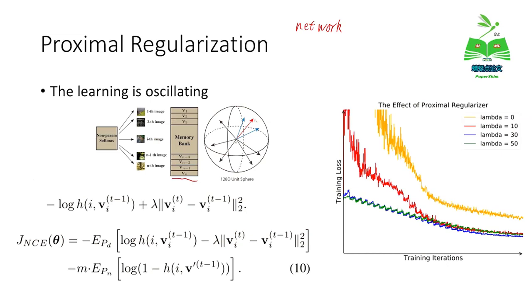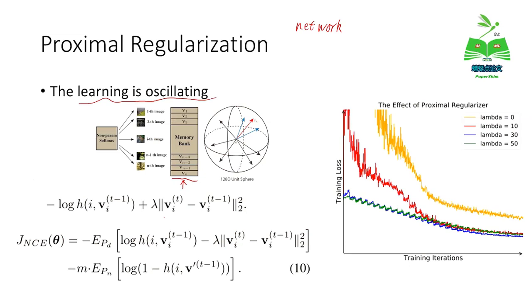So at the early phase, the learning may be oscillating. The network will change dramatically, and the v in the memory bank will also change dramatically. So it's not a good behavior.